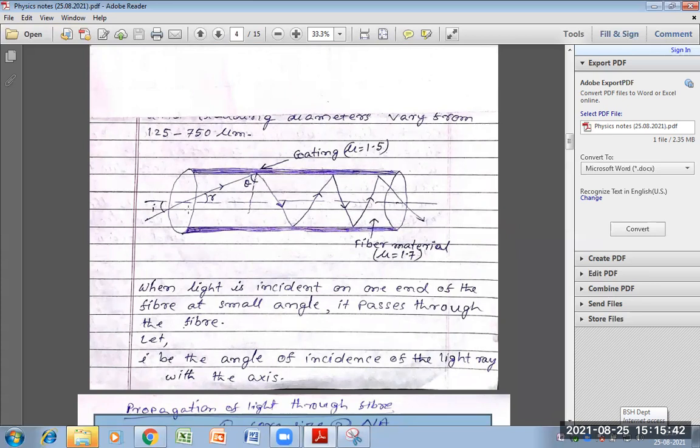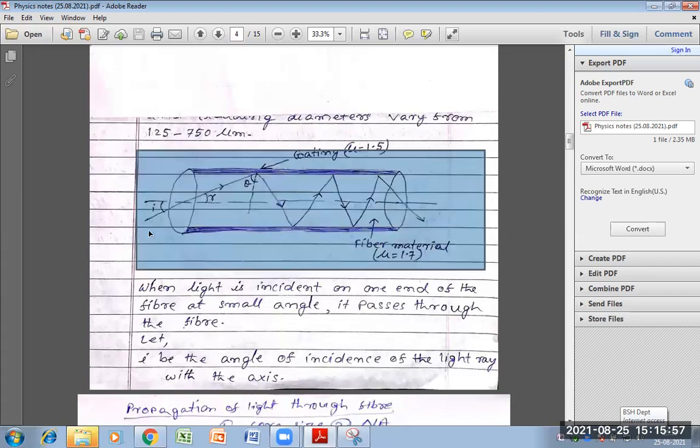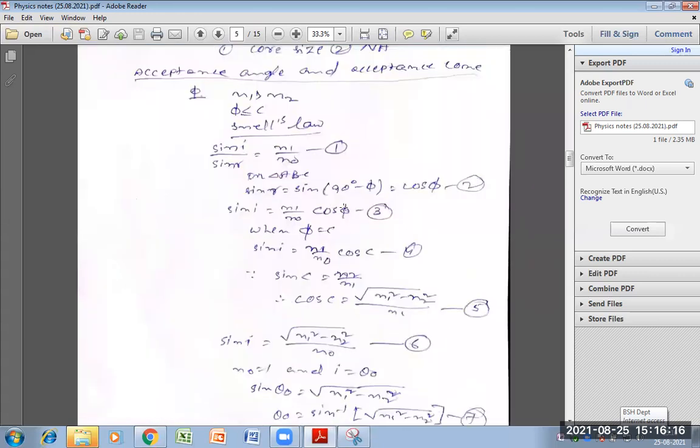So in triangle ABC, where A is this point and BC is the normal I have drawn, sin R is equal to sin of 90 minus phi, which is equal to cos phi. This is equation 2.